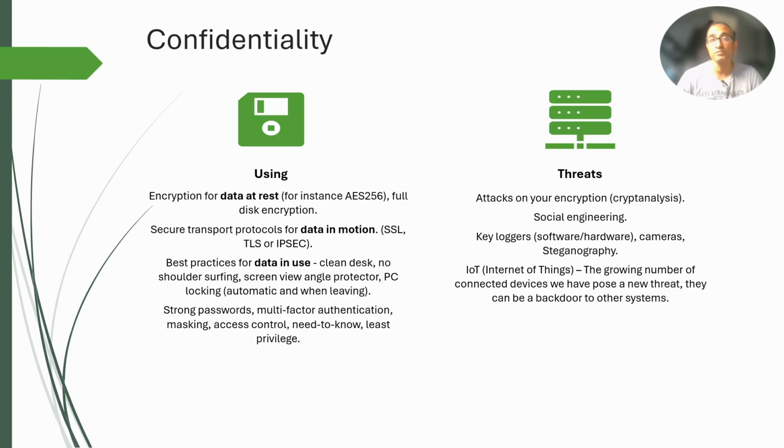And while we use the data, we make sure that we do not have inadvertent leaks of data. For example, we have a screen protector so that people walking by near our desk do not see the actual data that we're working on. When we are in a public space, we make sure not to let people shoulder surf to see what we're working on.